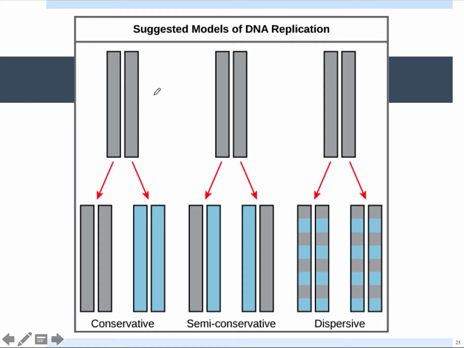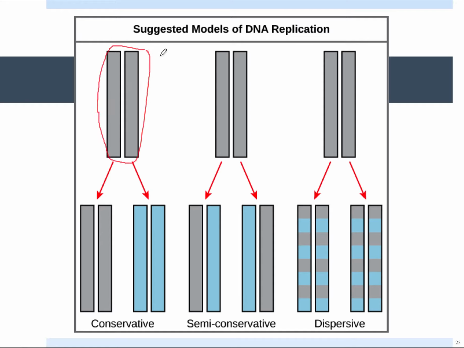There were three theories that were proposed as to how DNA copying or DNA replication happens. Now, the first one was that the old DNA molecules that are found in the parent cells are maintained in one of the offspring, so that you have this parent.